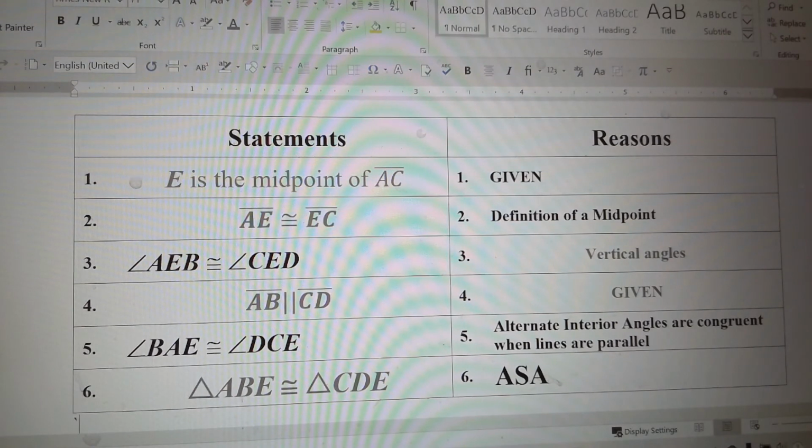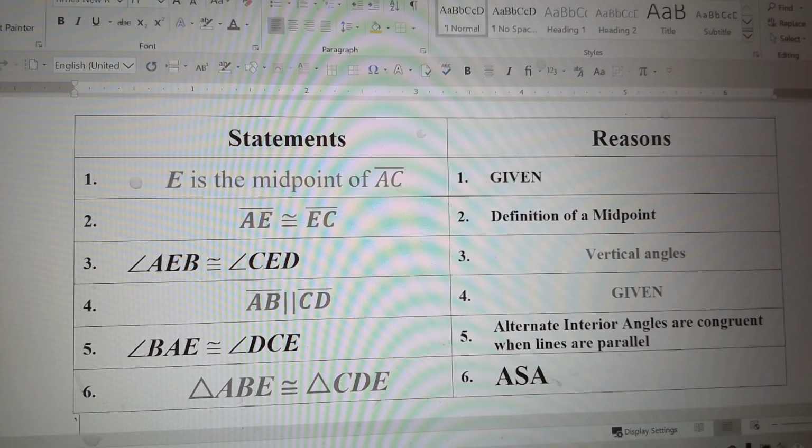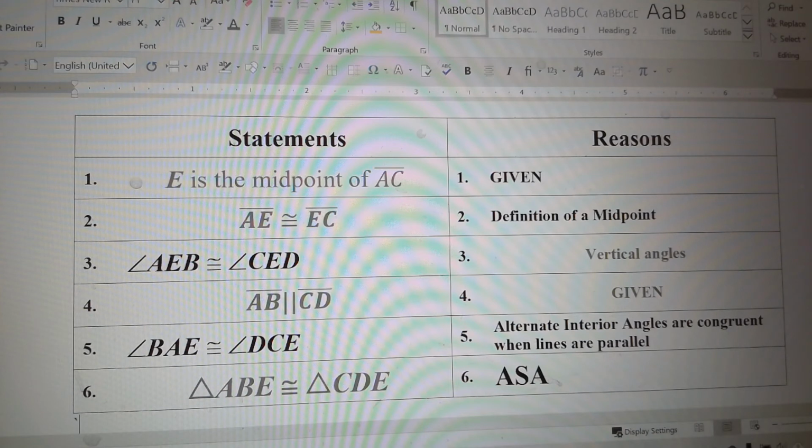All right. So notice how we begin with E being the midpoint of AC, and I'm going to follow the arrow from that one on your paper down to where it says that the 2 segments are congruent, and then I put the reason. The next thing I'm going to do, because I can't do that final bubble till I have all the arrows leading to it, I go up to the next one, which is vertical angles, and then the 3rd set of bubbles with the parallel sides and the angles that are congruent.